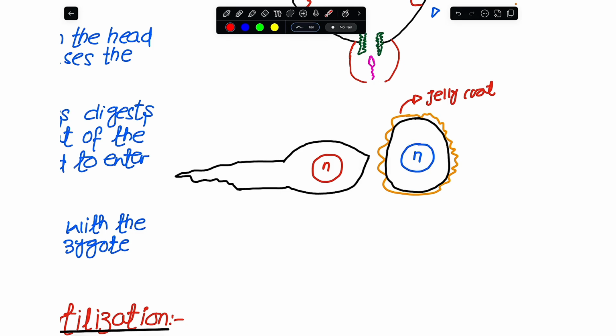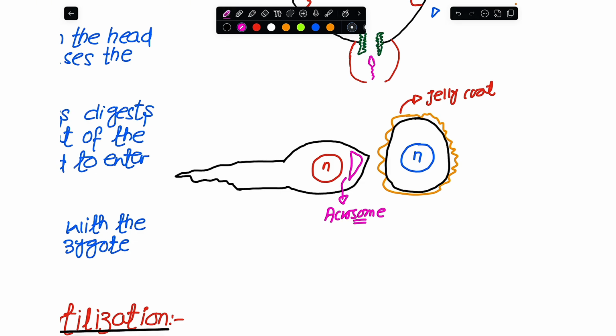But the issue is this jelly coat. Unless we break down the jelly coat, the fusion of the male nucleus and the female nucleus cannot be done. So the solution for this is that within the head of the sperm, we have this part, which we refer to as the acrosome.